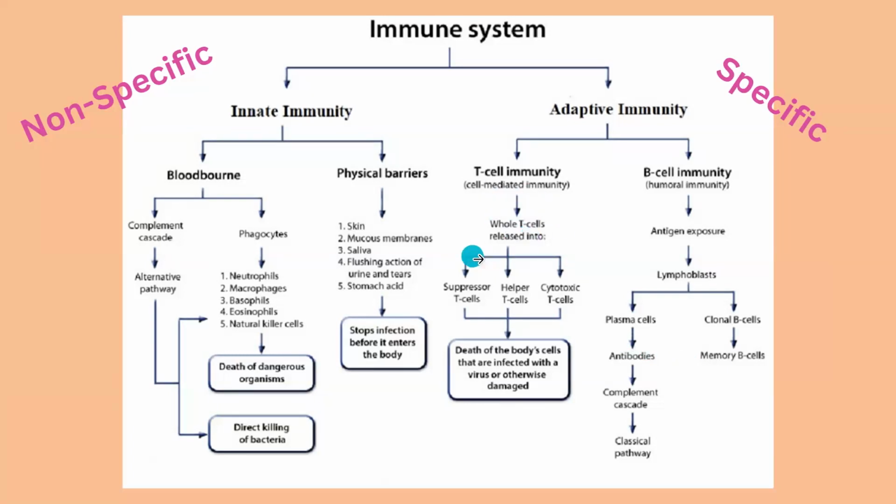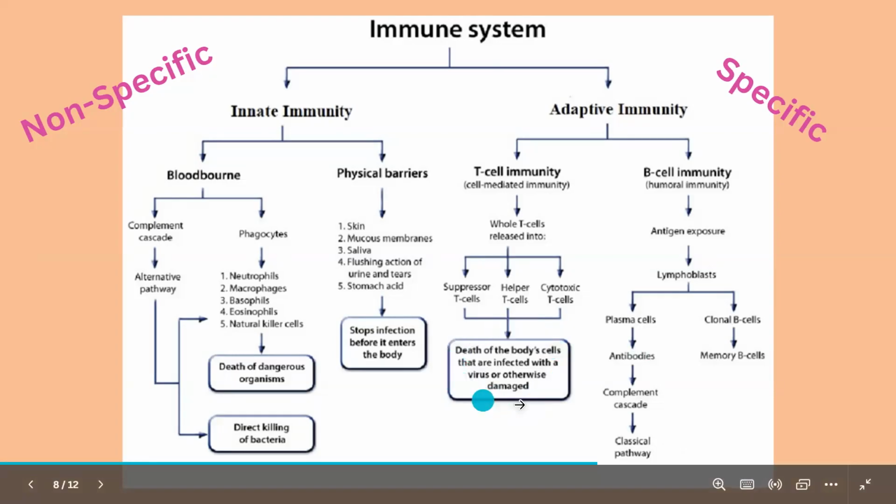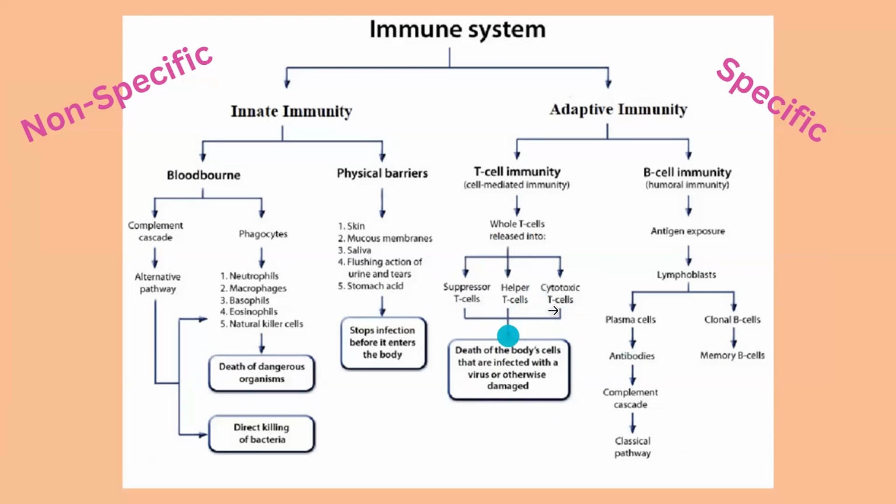Our T cells go into a few different categories, which you don't necessarily need to know. But the end result is going to be the destruction of a body cell that is infected or a foreign cell itself. These are going to recognize specific types of cells.